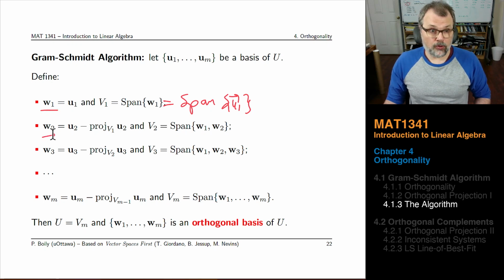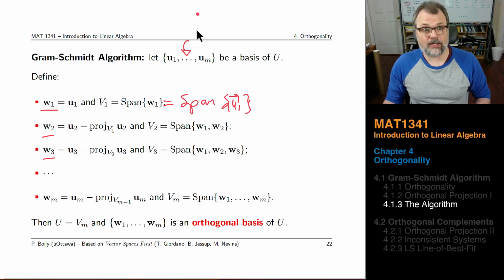W3 will be u3, so the original third vector, minus the projection of this u3 on the vector space v2, which we had found here as the span of w1, w2. And I'm going to set up a new space v3, which is the span of w1, w2, w3.